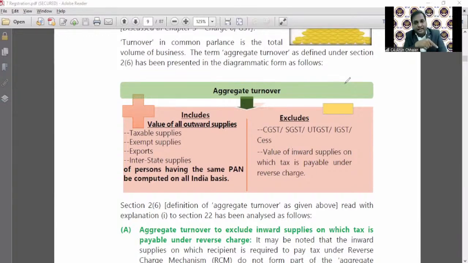Suppose from the special category state, I am not providing taxable supplies. In question number 9, what I am providing is non-taxable supplies. Therefore, it was said that you are not required to reduce the threshold limit. The limit would be 40 lakhs. Is it clear?